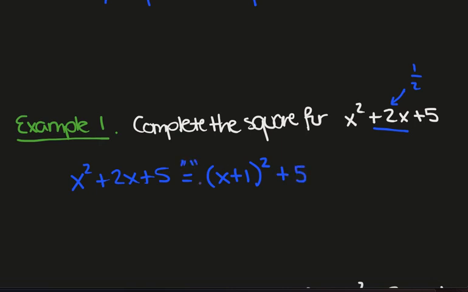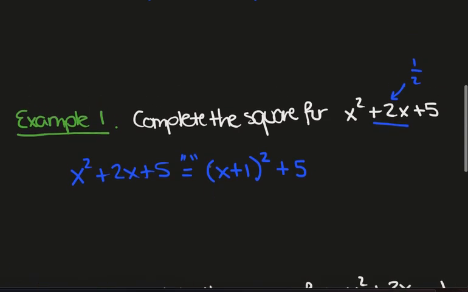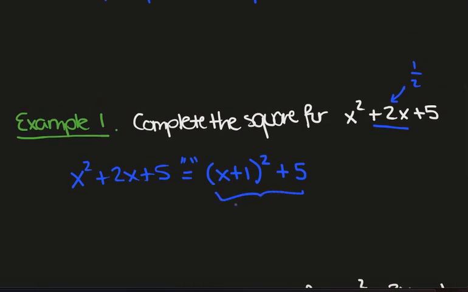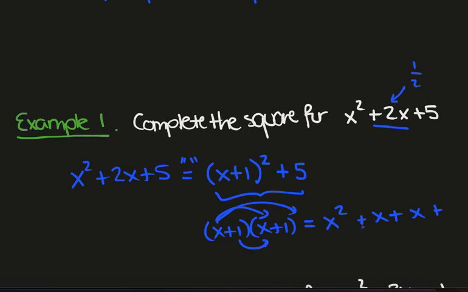Now I'm going to put this equal sign in this way, because let's expand this out. Remember, (x plus 1) squared is x plus 1 times x plus 1. This is x squared plus x plus x plus 1, so I get x squared plus 2x plus 1 from here.